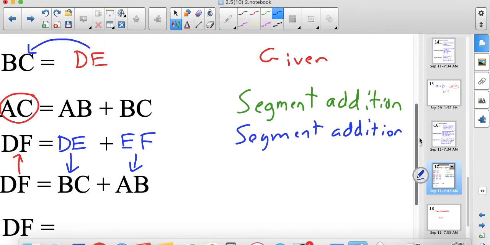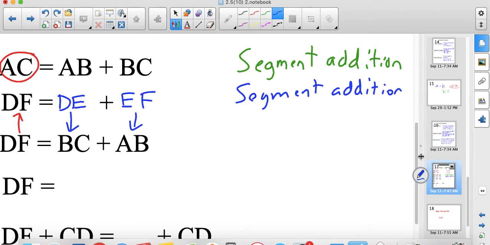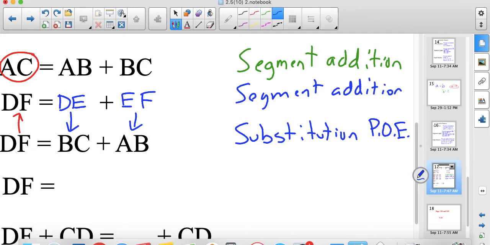There's a property we learned that says you are allowed to replace something with something else that is equal to it. We talked about it today. Another term for it: you're allowed to substitute something in for something that is equal to it. So we can go through and replace those with what is called substitution. We substituted our values in. Substitution was a property of equality. So we put it there.